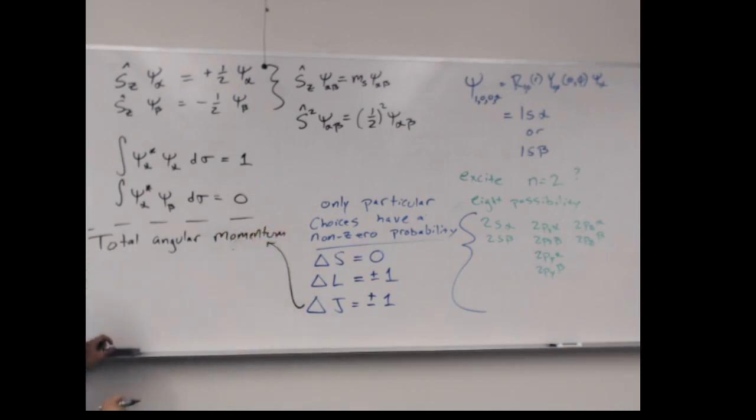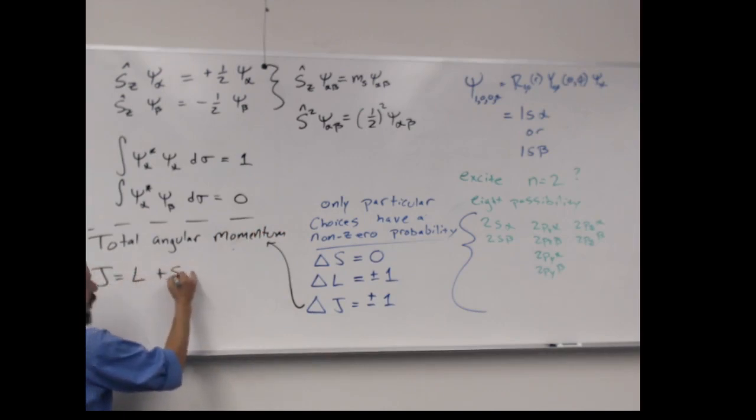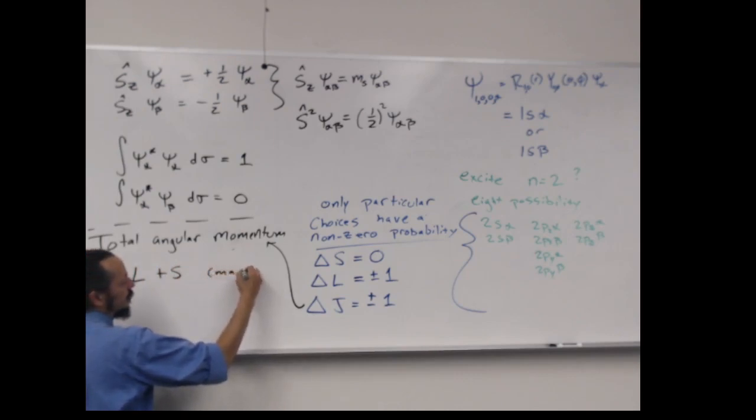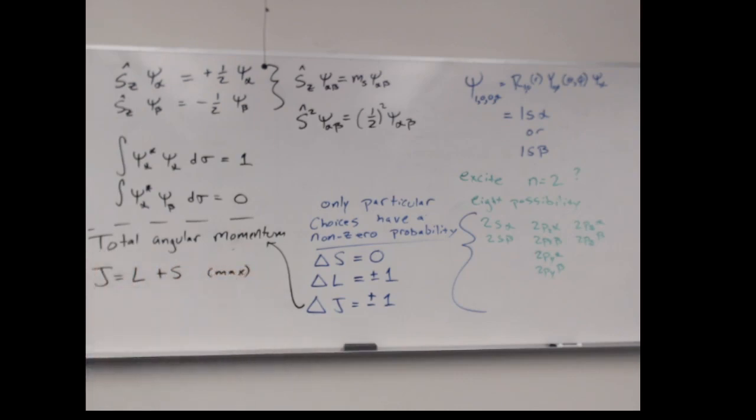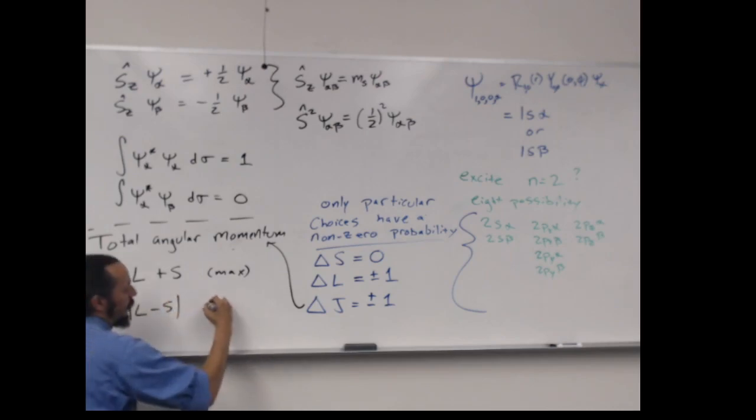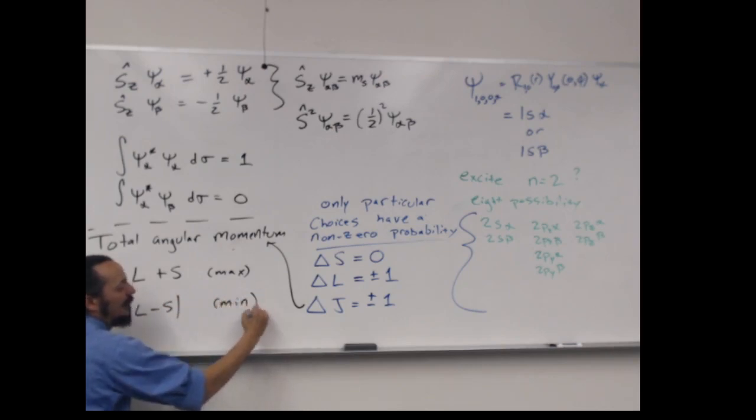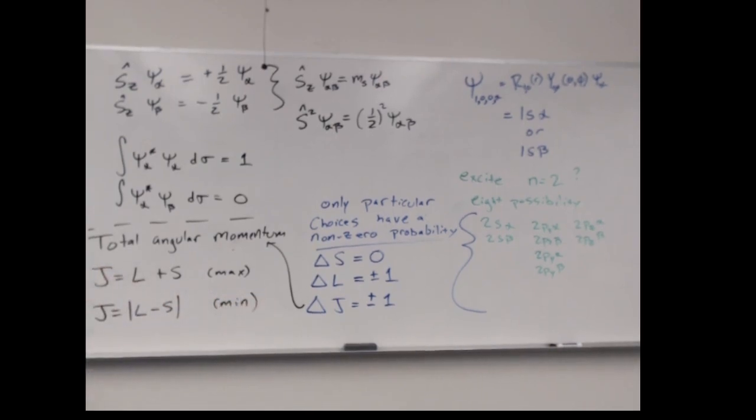For this idea of total angular momentum, J is going to have different possible values. Its maximum value is going to be L plus S. Its minimum value is going to be L minus S.